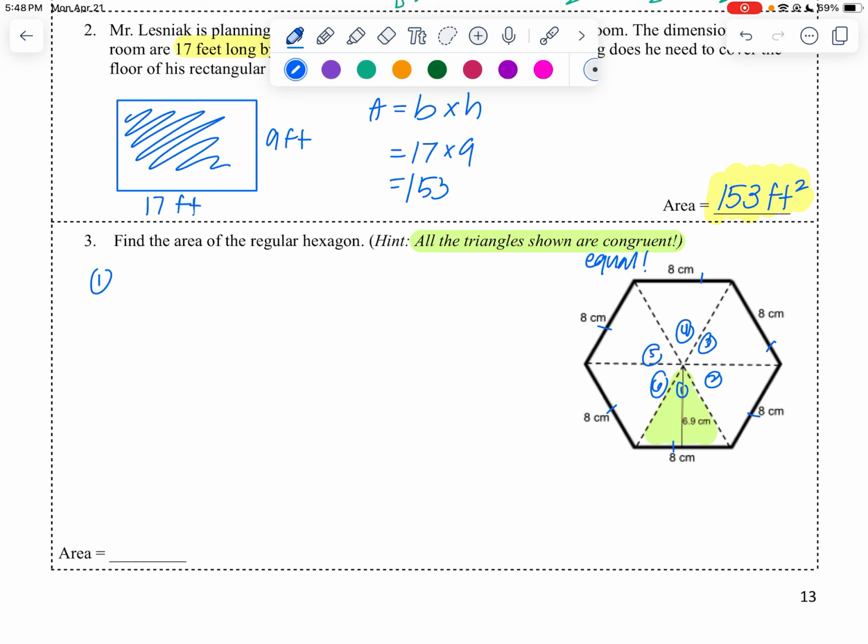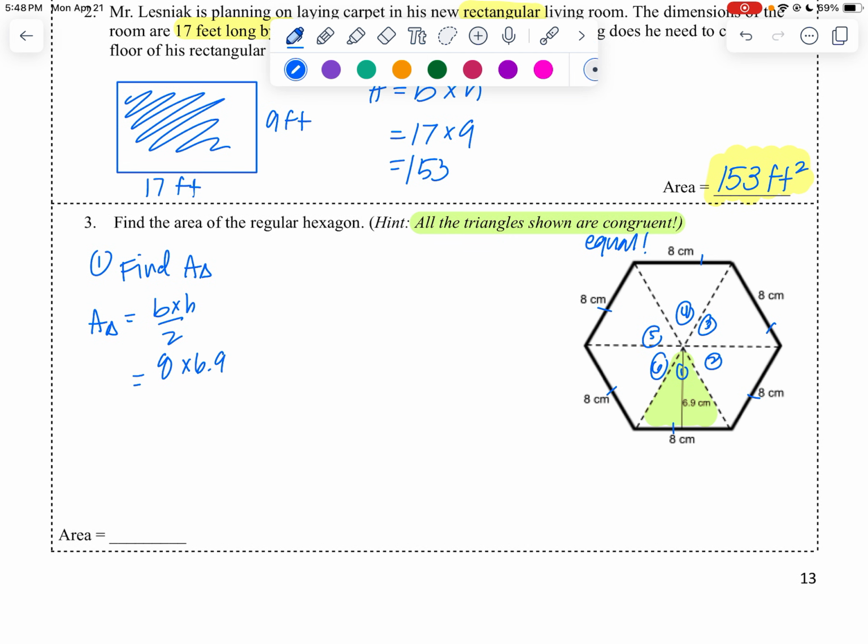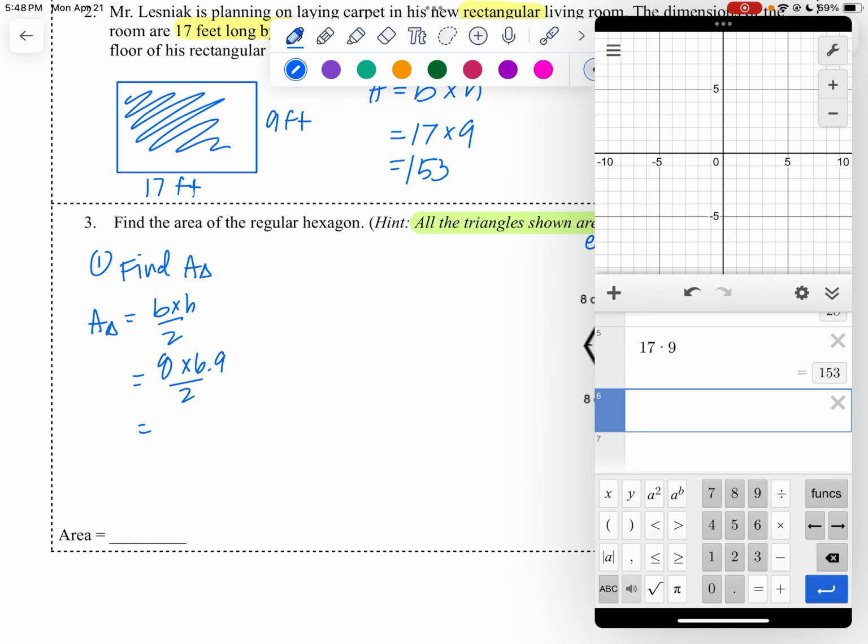The first step is to find the area of the triangle: base times height divided by 2. My base is 8. It looks like this little teeny tiny height is 6.9, divided by 2.